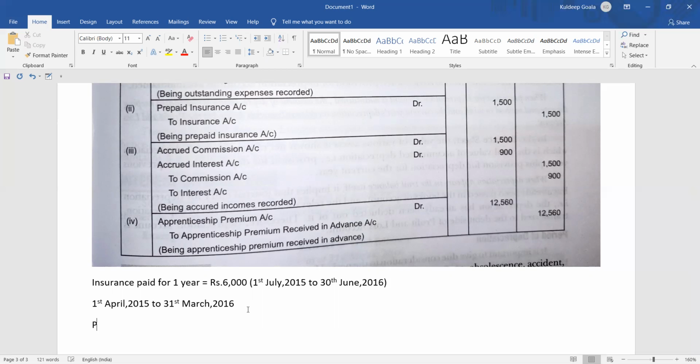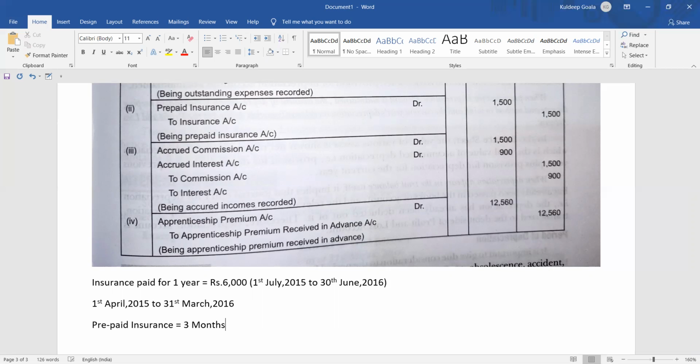So what is the prepaid insurance? It is for 3 months, right?